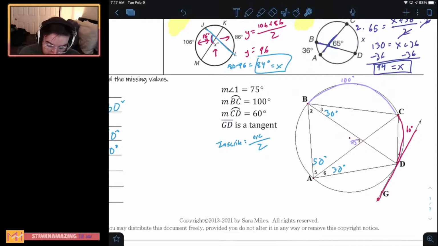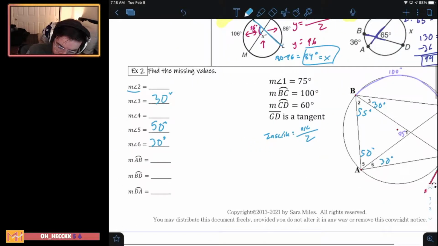You might not see this as quickly as I did, but all of a sudden I see a triangle, and I know that there's 180 degrees in a triangle. 75 and 50 add to 125, subtract that from 180, and the third remaining angle is 55. So angle 2 is 55. So I actually solved for that fourth.